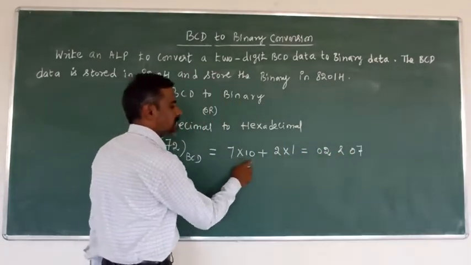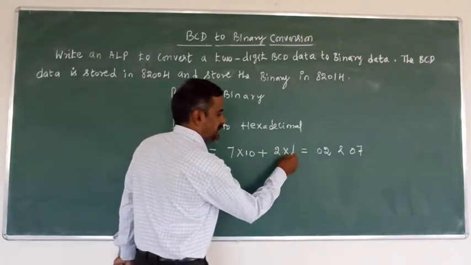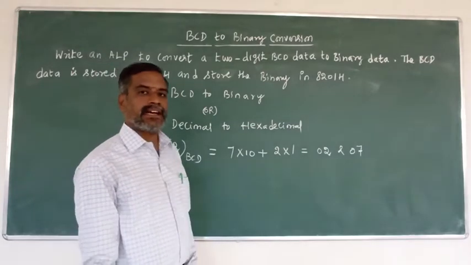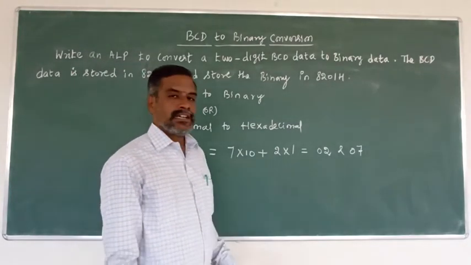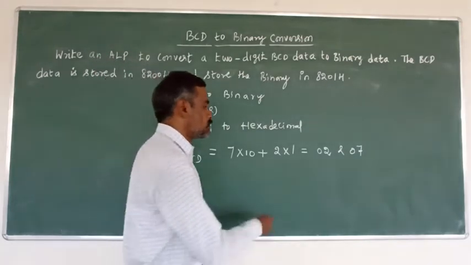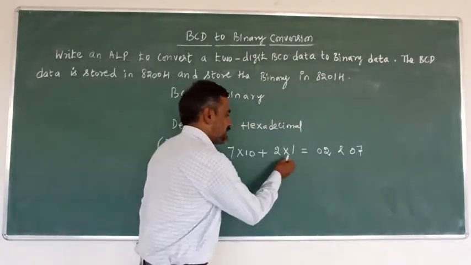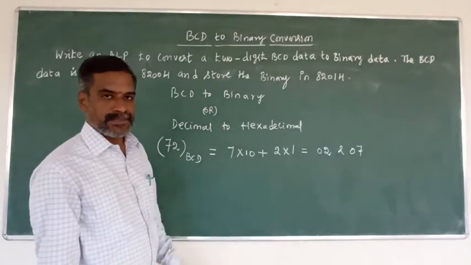Here, 7 into 10 plus 2 into 1. Whatever data we multiply with 1, we get the same result, so there is no need to multiply; we can directly add it to the result.